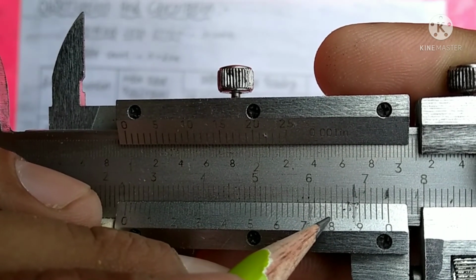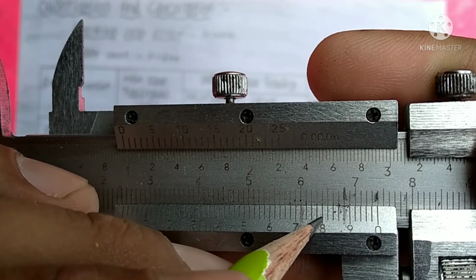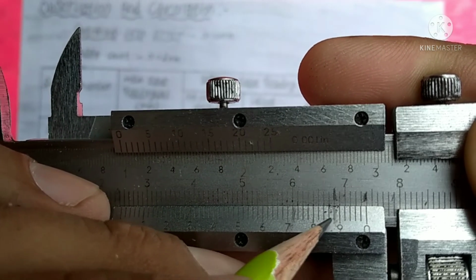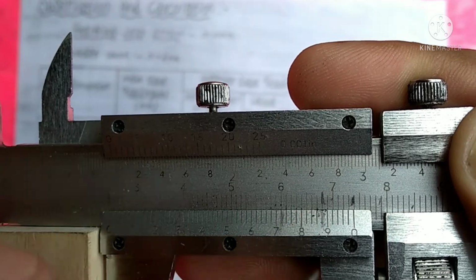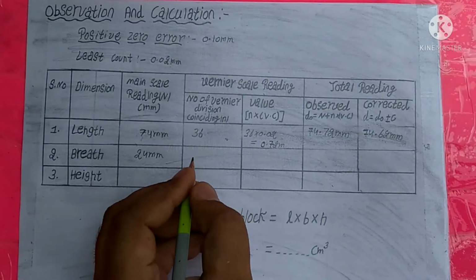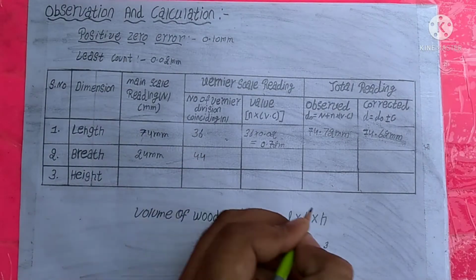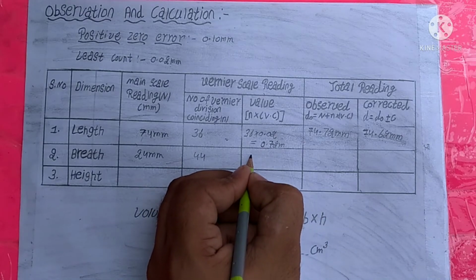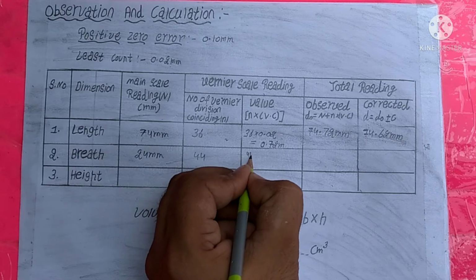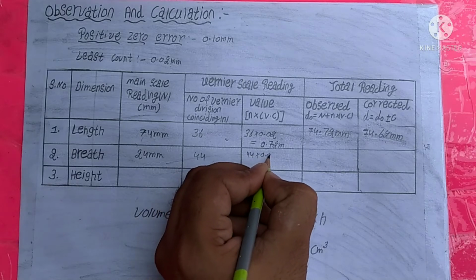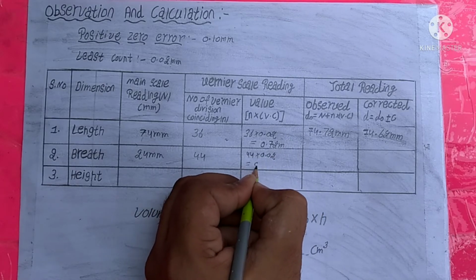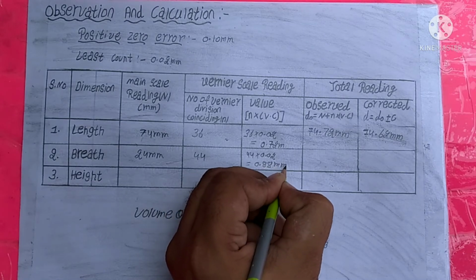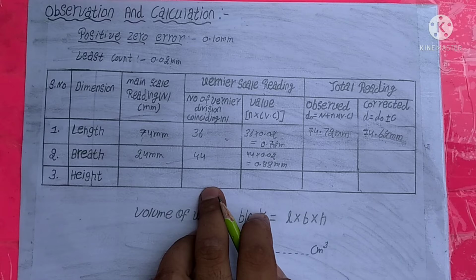So up to the 8 there are total 40 divisions and 4 divisions more, so our 44th division is best coincide. Now again multiply with the least count and the result comes out to be 0.88 mm. So this is our vernier scale reading.